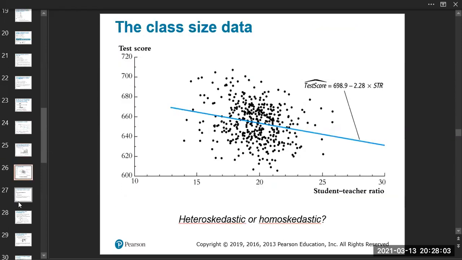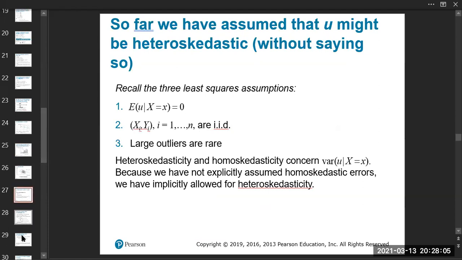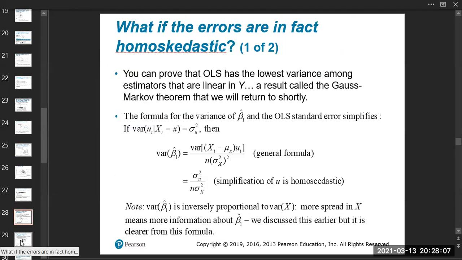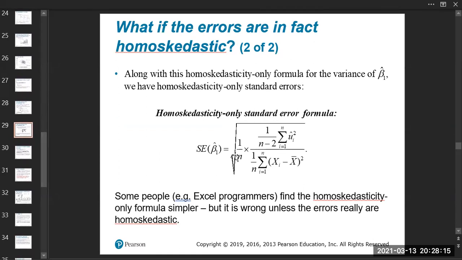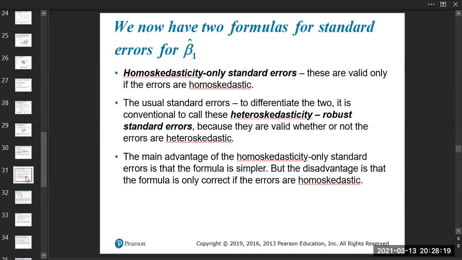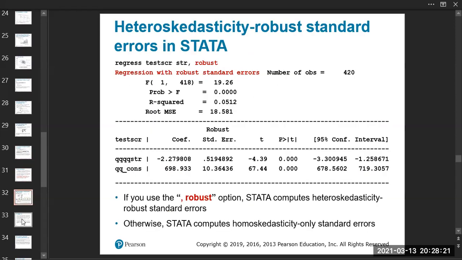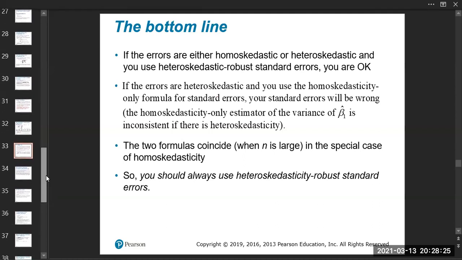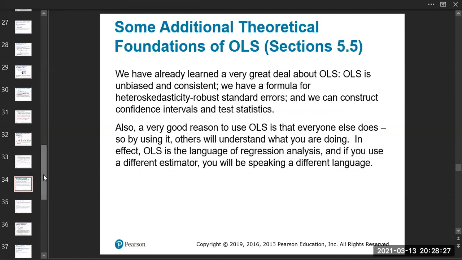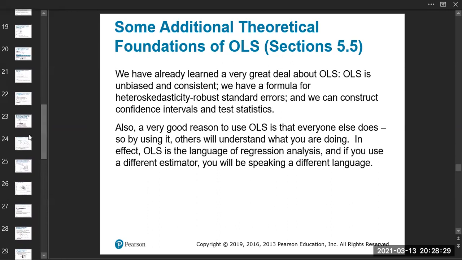Okay, skip, skip, skip. It affects the variance of beta 1 hat. Okay. So if it affects variance, then it affects standard error. So what's the problem here? Okay, too many words, don't read it. Okay.